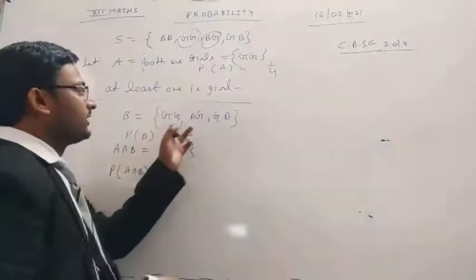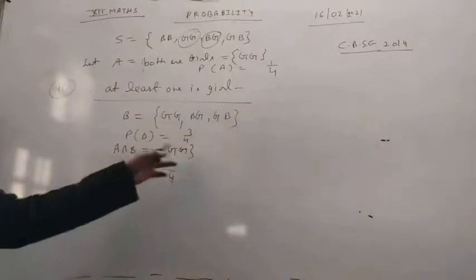Okay, students, because 3 is the favorable outcome and the total number of outcomes is 4.